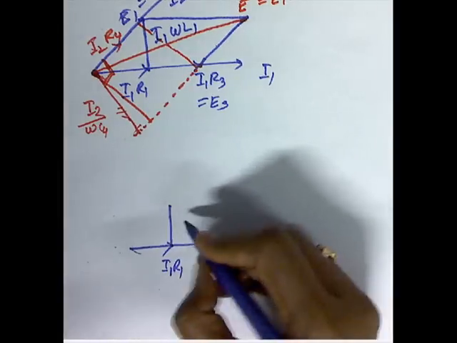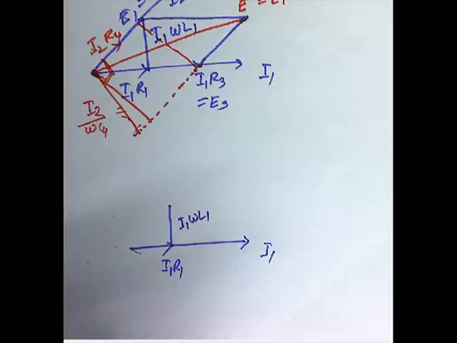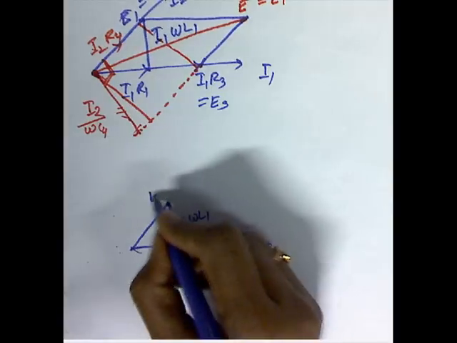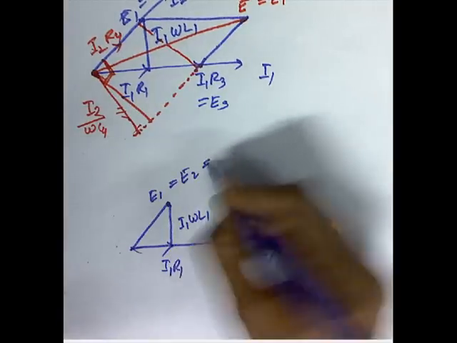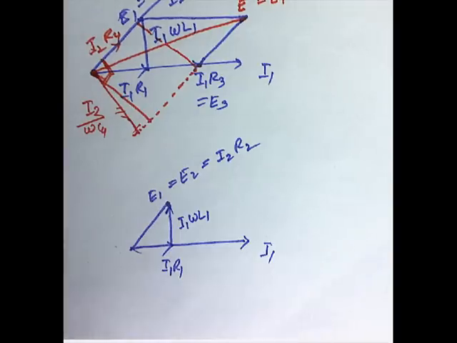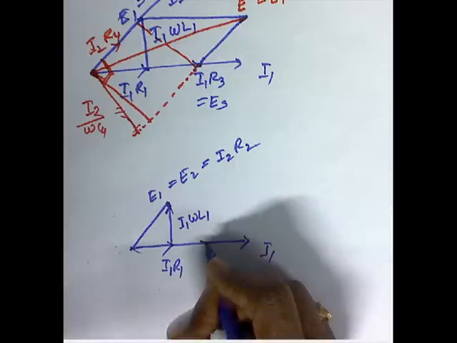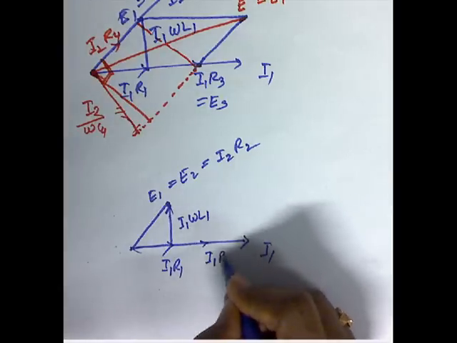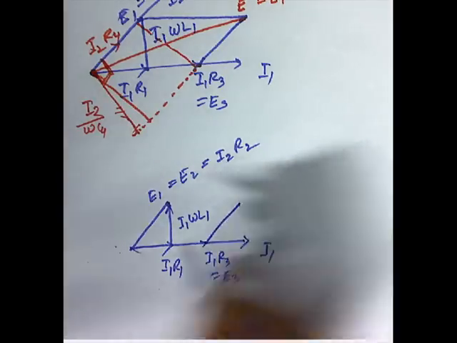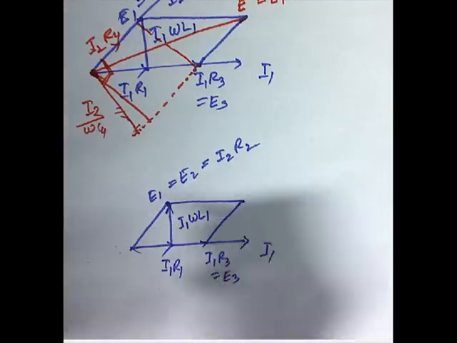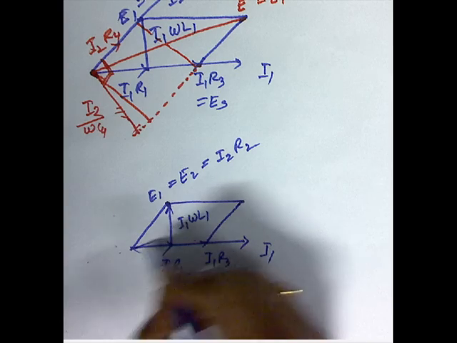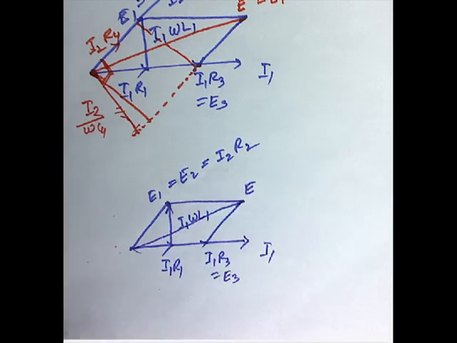Now this is I1 omega L1. This is your E1, which is equal to E2, which is equal to I2 R2. This is I1 R3 is equal to E3, and E1 plus E3 is equal to E. So this is E.